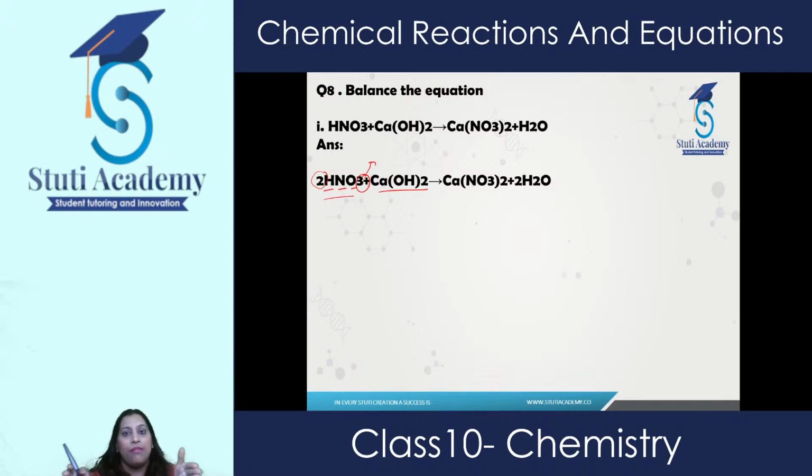So when they react with each other, it means they are combining with each other. So this plus sign indicates addition. It means they both are reacting with each other. And this arrow sign shows the direction of the reaction, in which direction it proceeds.